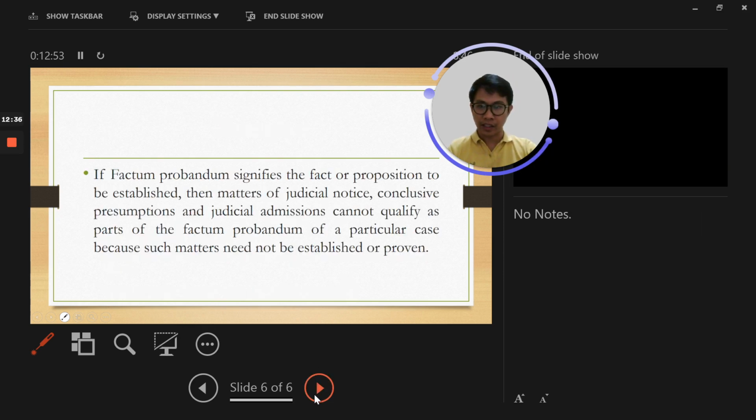In this case, matters of judicial notice, conclusive presumptions, and judicial admissions need not be proven. That's why they cannot qualify as parts of a factum probandum.